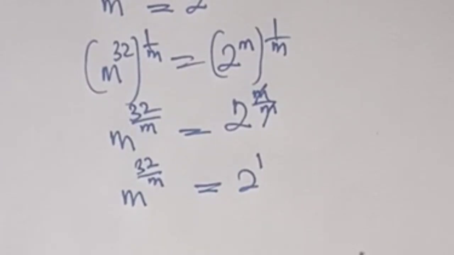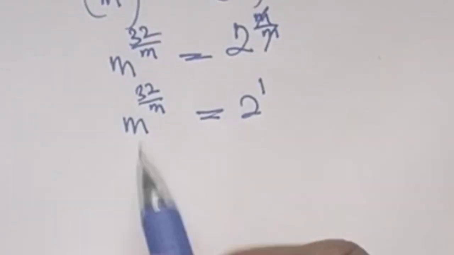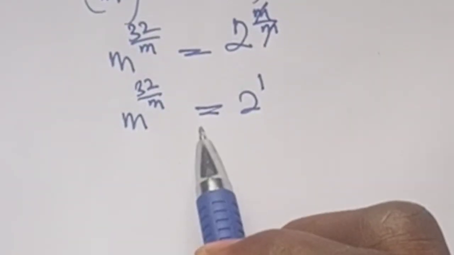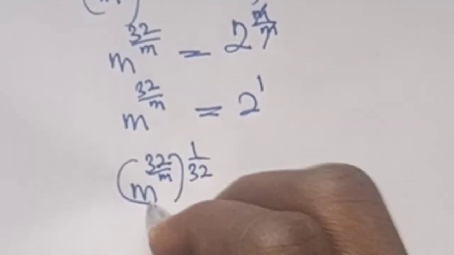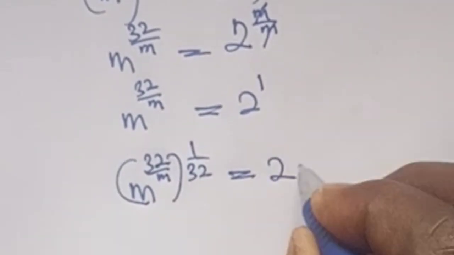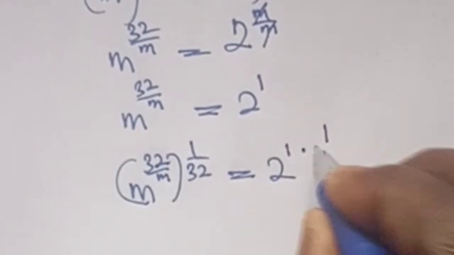So let's continue. Again, we are going to take the power of 1 over 32 on both sides, that is, to the power of 1 over 32 equals 2 to the power of 1 times 1 over 32.